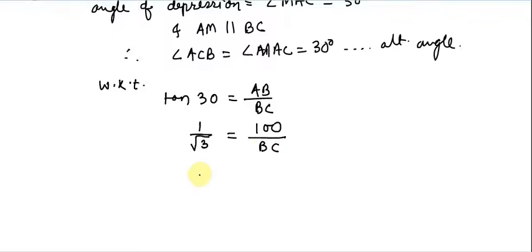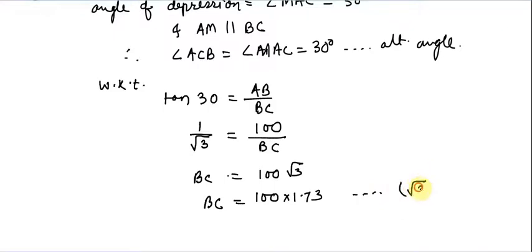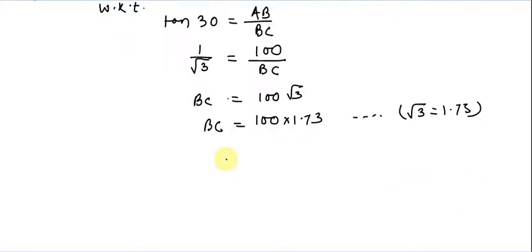So by cross multiplication BC is equal to 100 root 3, that is equal to 100 into 1.73. If it is not given, please mention let root 3 be equal to 1.73. So in this way we can find the actual measurement of BC, that is equal to 173 meter.